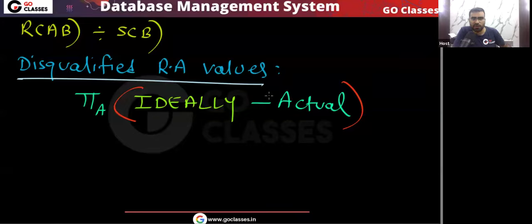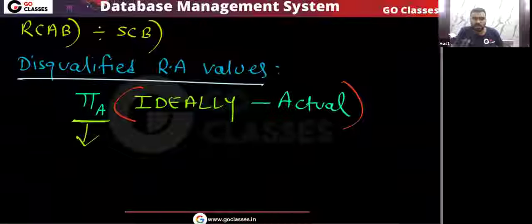See, from the ideal, if I remove actual, then these are those values which are not pairing with some S.B values.